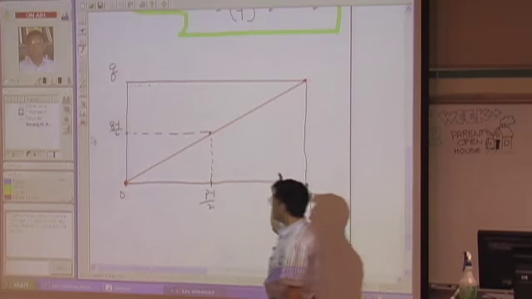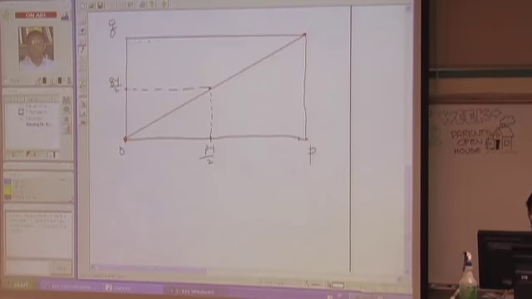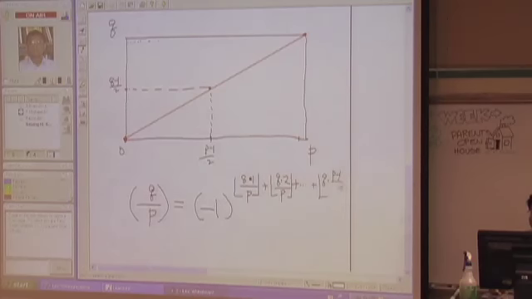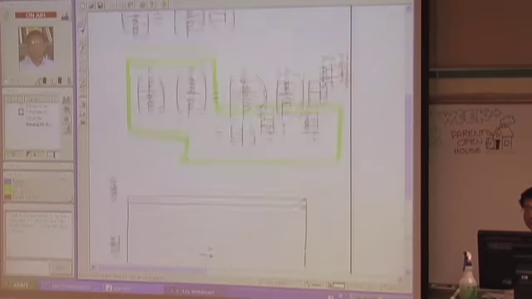Then, what does the lemma say? If we want to calculate something like Q over P, then we need to count minus 1 to the power of what? Floor of Q times 1 over P, and then Q times 2 over P, up to Q times P minus 1 over 2 over P, by the lemma that I mentioned, when A is replaced by Q. Do you see it or not?